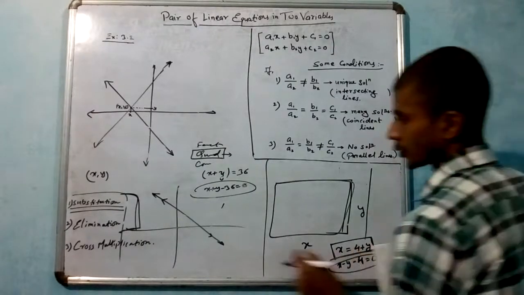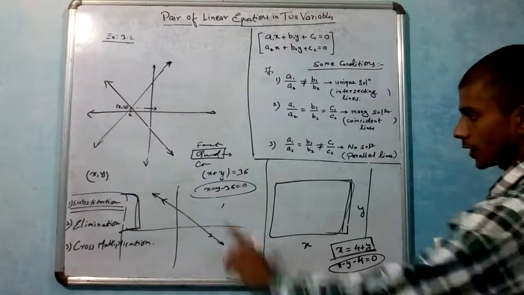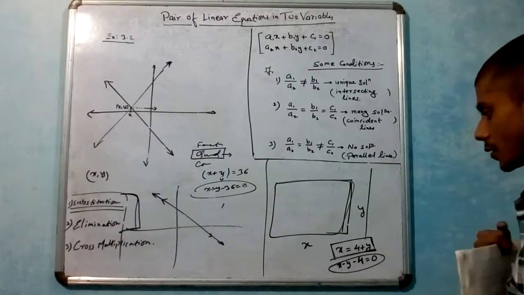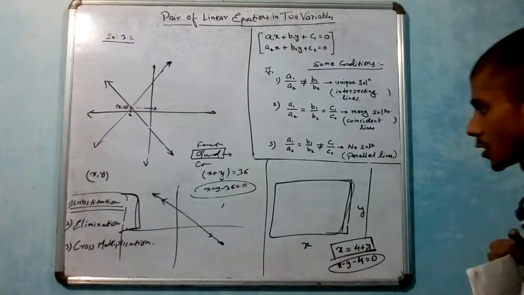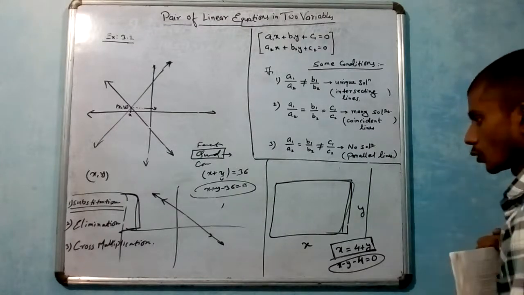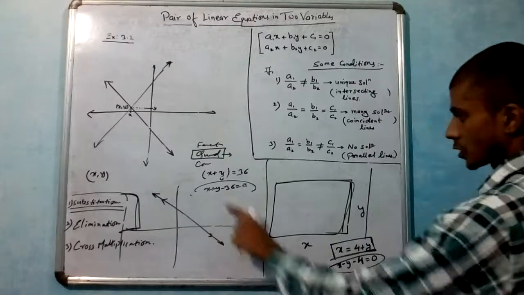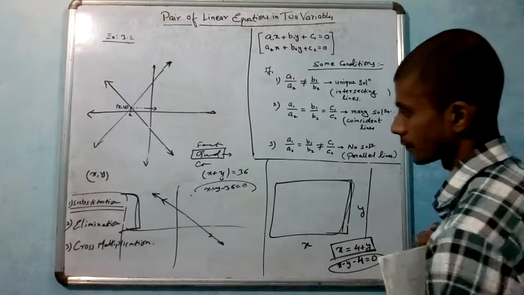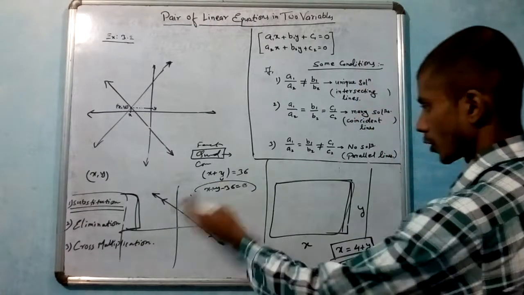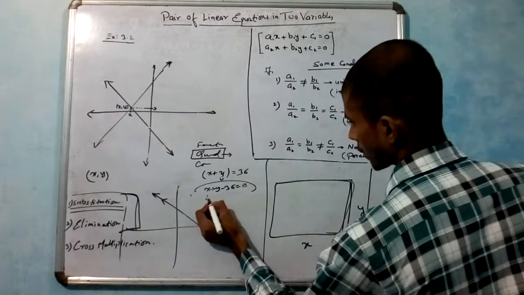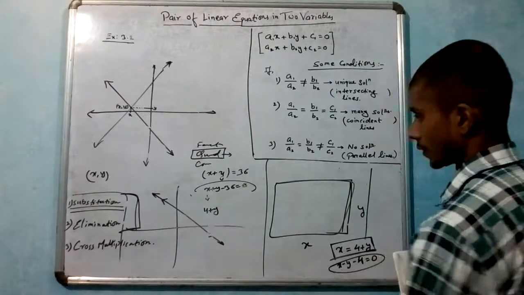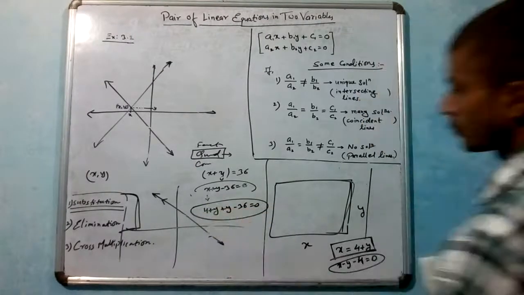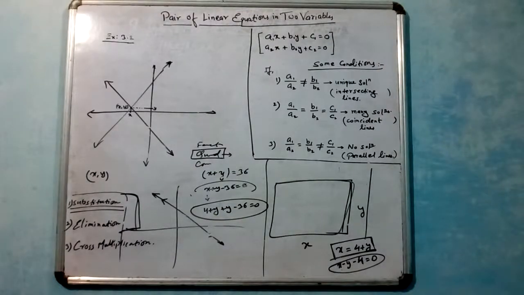So I have substituted the value of x from the first equation into the second equation. My second equation will then be in terms of a single variable, x will not be there. In place of x I write 4 plus y, and then plus y minus 36 is equal to 0. Now this became an equation in just one variable.